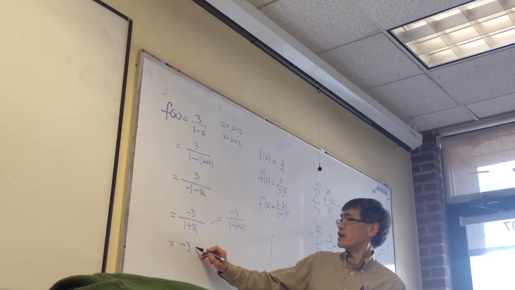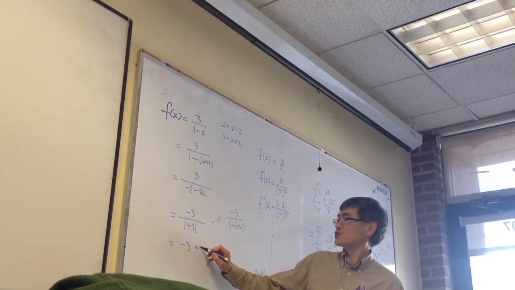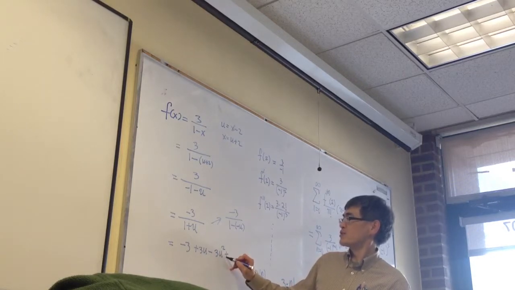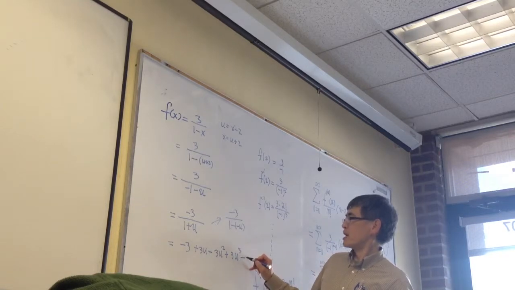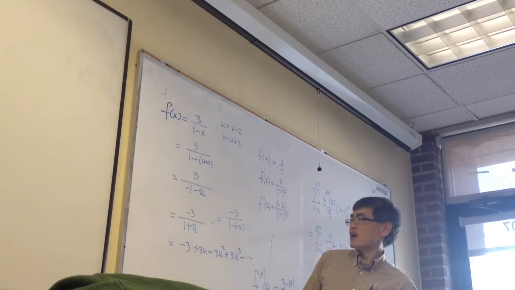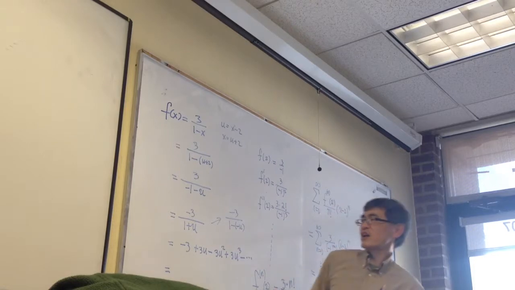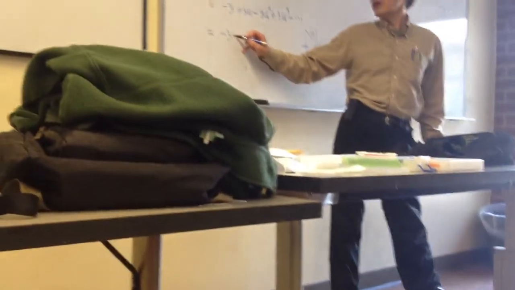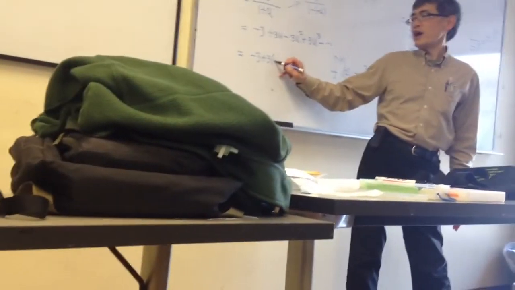And so minus 3 plus 3u minus 3u squared plus 3u cubed minus etc. Okay? And then finally, you recall what is u. U is x minus 2.